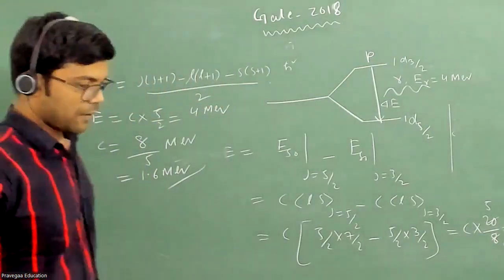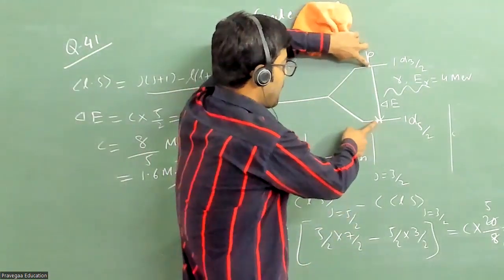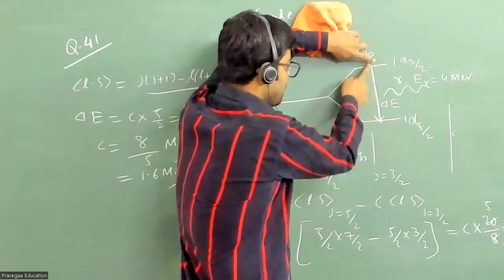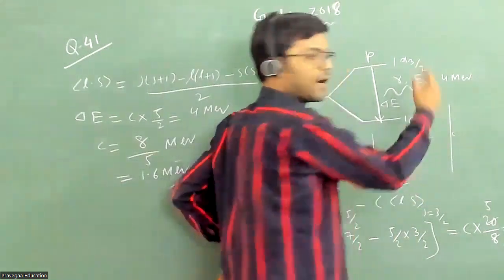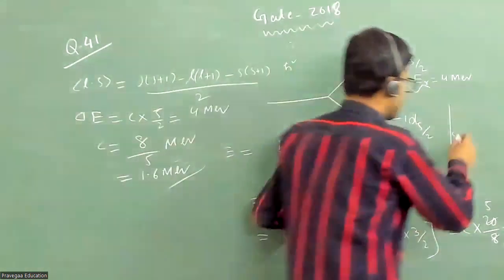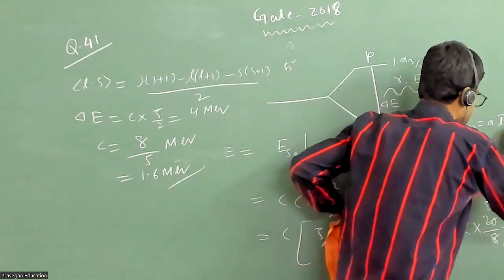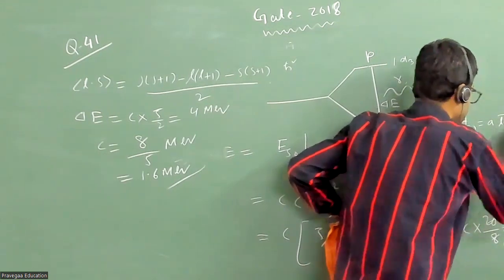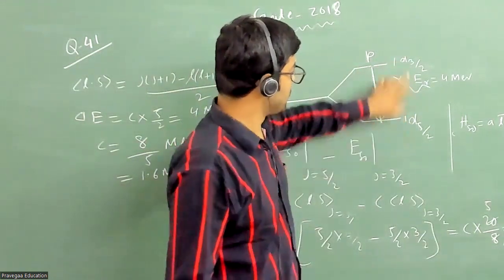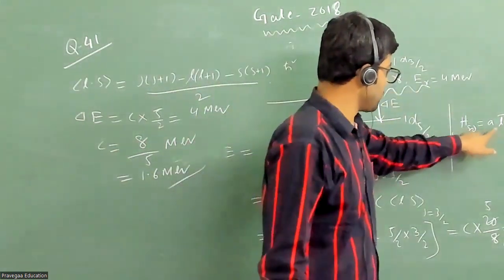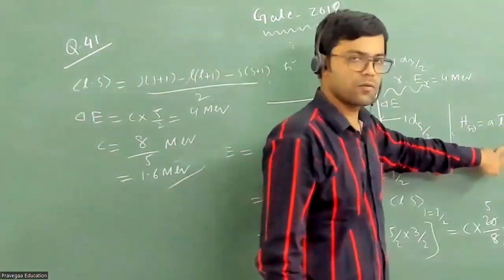If you take spin-orbit coupling into consideration, then the separation between two states having the same L value will depend only on the higher J. So if you have a spin-orbit Hamiltonian like H_SO equals A into L·S, then for the same L the spin-orbit splitting will be A into the higher J. So what is the higher J here? 5/2. So A into 5/2 ħ squared.